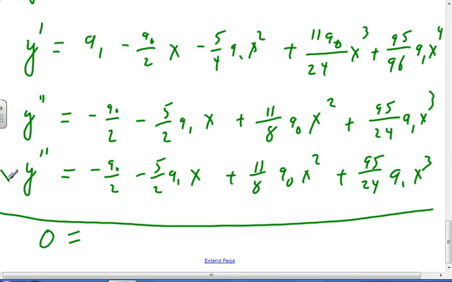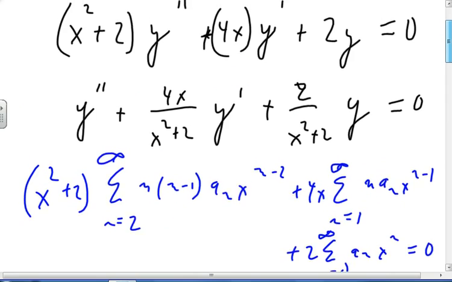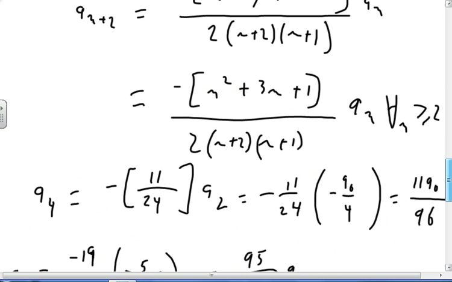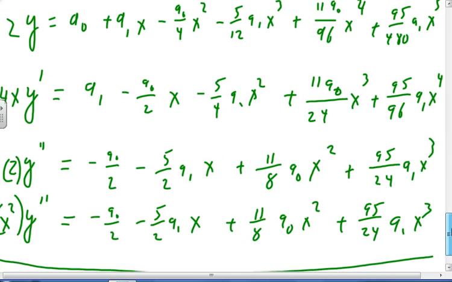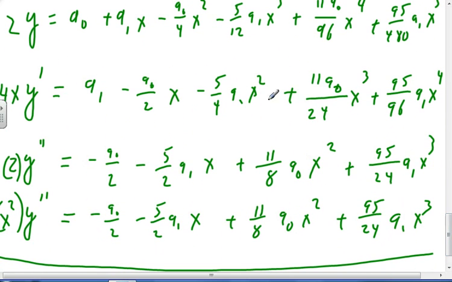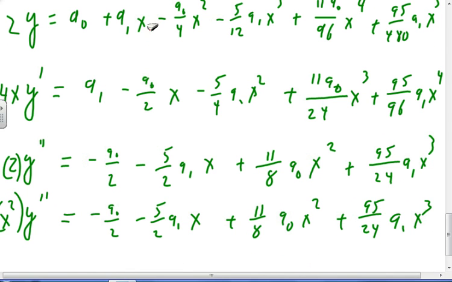Okay, so I have x squared of this guy. I have 2 of that guy. I'm going to move back up to make sure. Yes, I did. I had 2 of that guy. Okay, I have 4x of that guy, and I have 2 of this guy. Moving my line up a little bit so I can write under it.